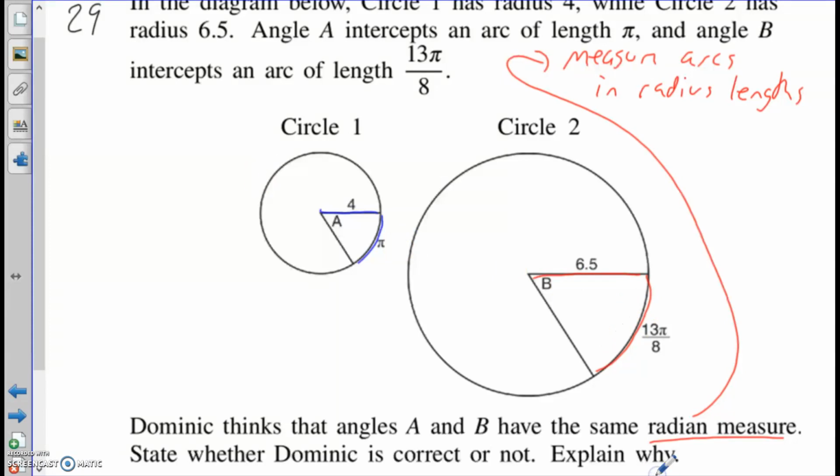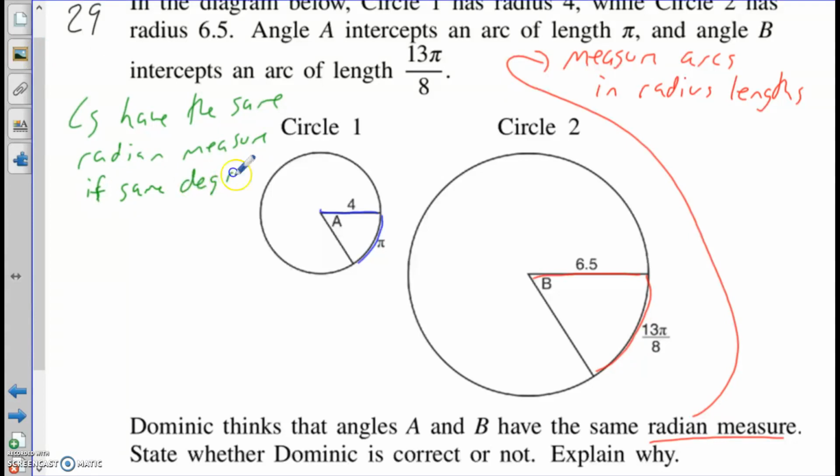A simple way of saying this is arcs or angles have the same radian measure if they have the same degree measure, because it's the same thing.